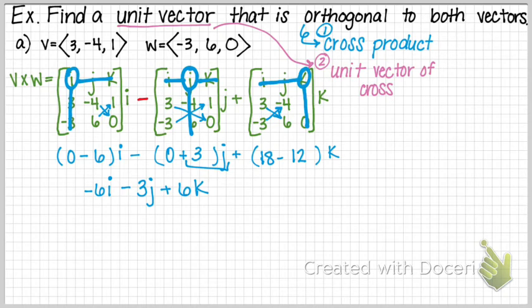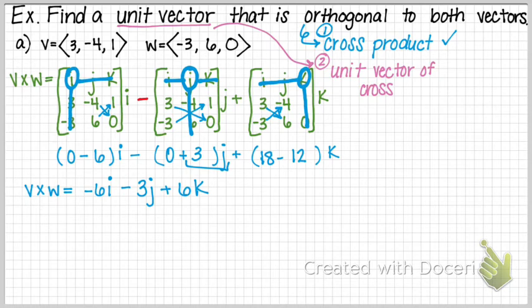All right, so now that we got that cross product, so cross product, done. Now we have to find the unit vector of this cross product. So remember, to find the unit vector, we're just going to take this vector and divide it by its magnitude.